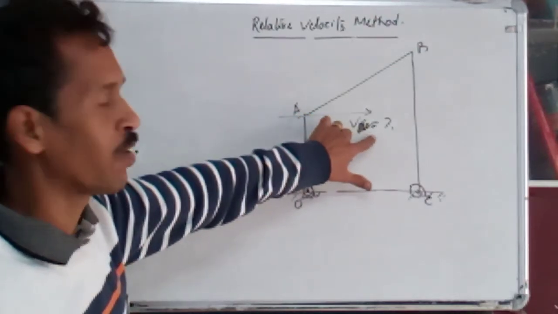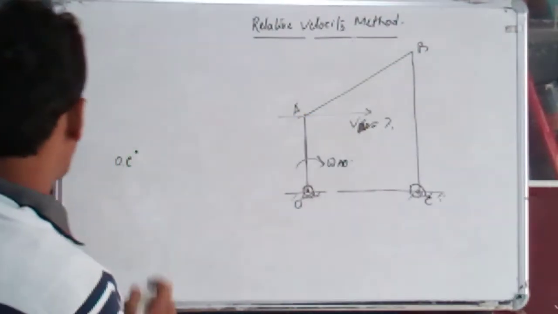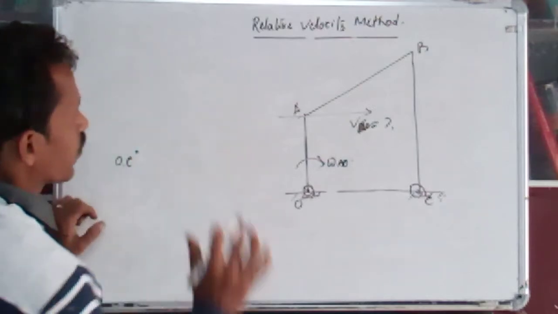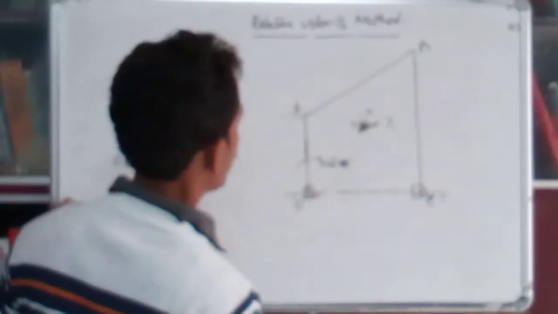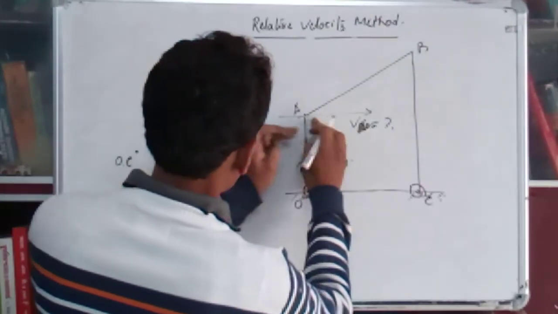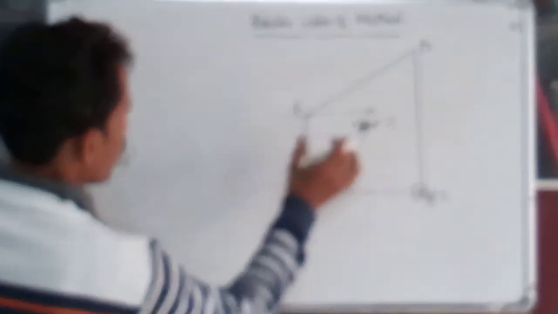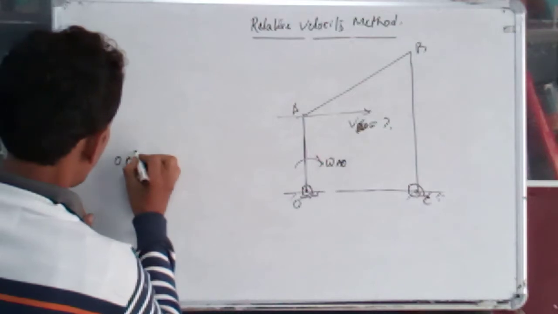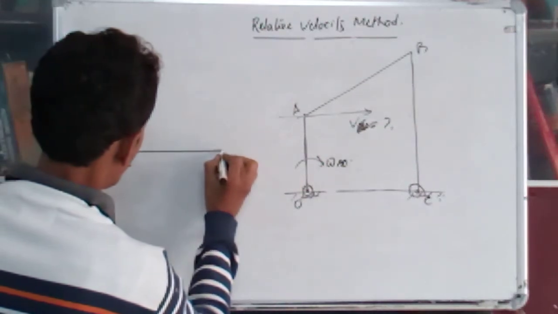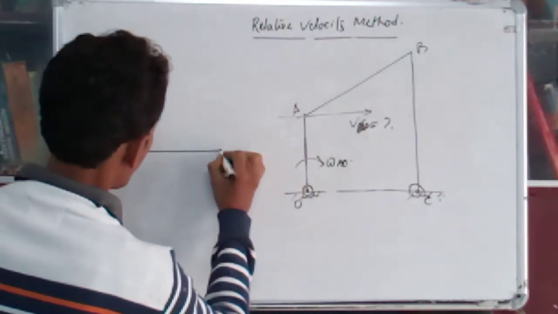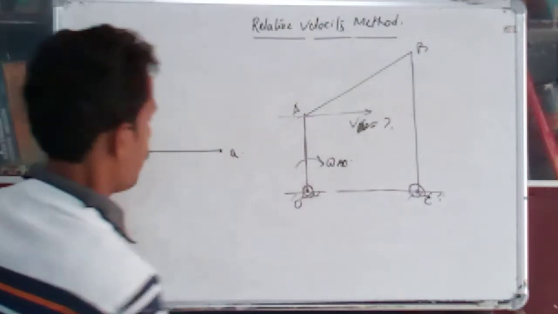So you take some suitable scale. Now the direction is perpendicular to this line, so it is horizontal. That is point A.